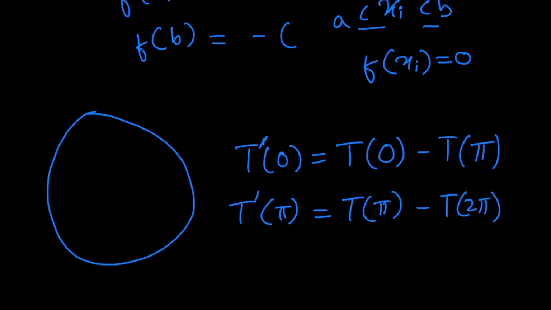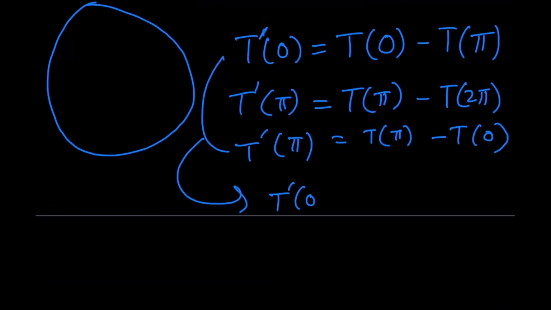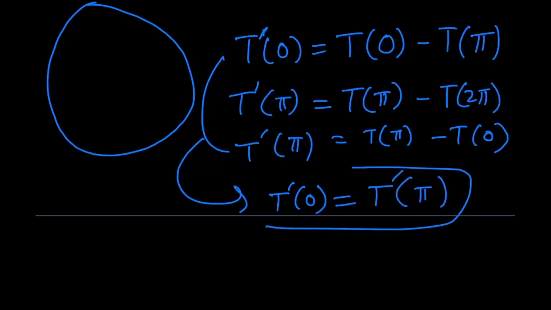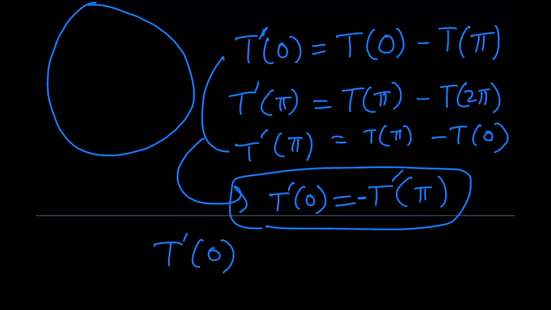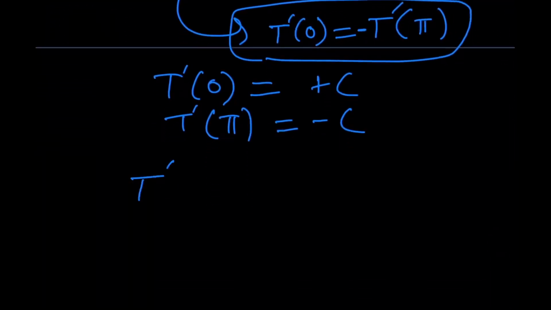Now, since 2 pi and 0 are basically the same thing, you can see that T prime of 0 is the same as T prime of pi, but negative. So if we call T prime of 0 equal to positive c, then T prime of pi becomes negative c. And I guess you guys can already start to see that T prime of some theta in between 0 and pi would give us the value 0.